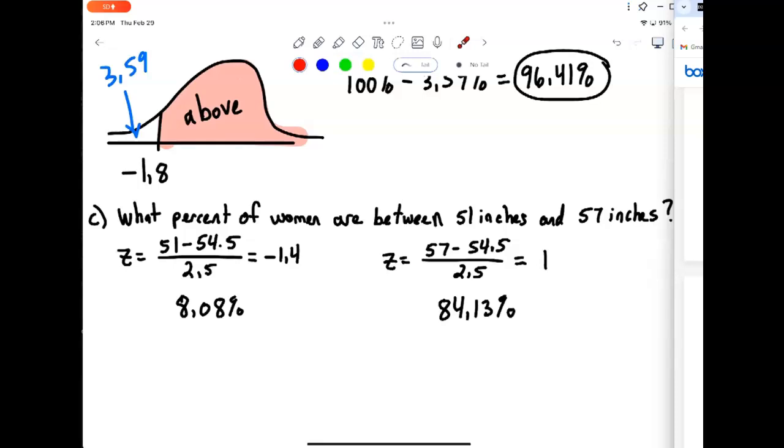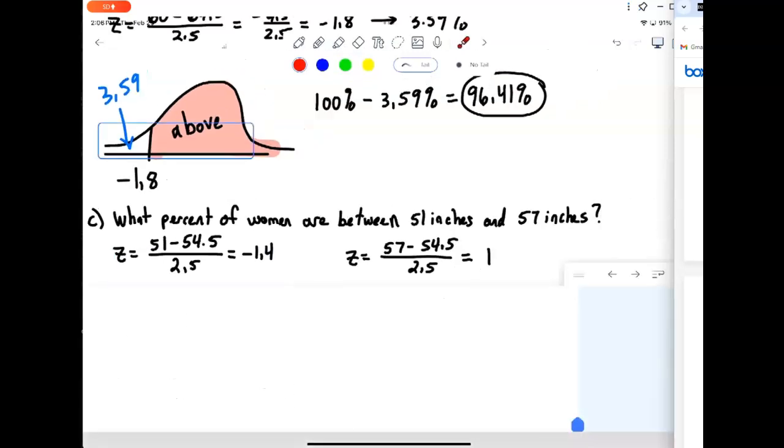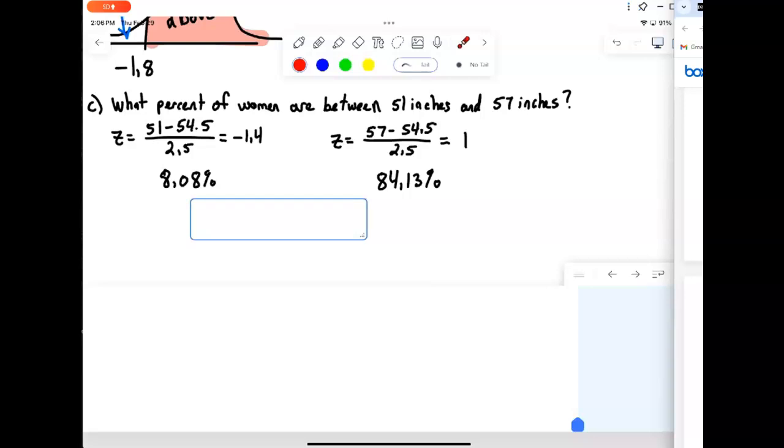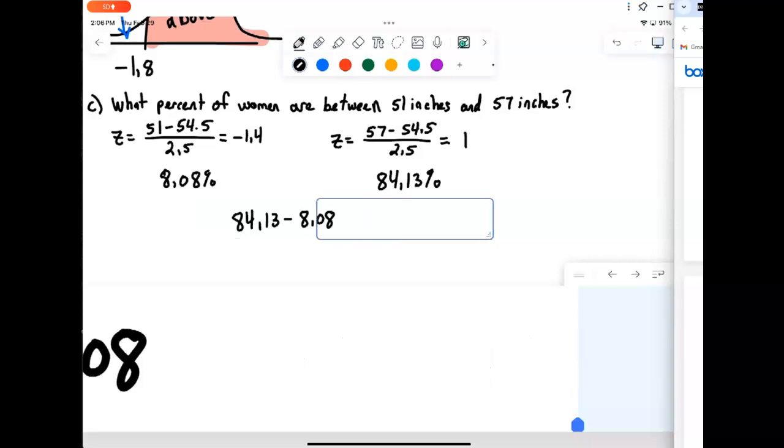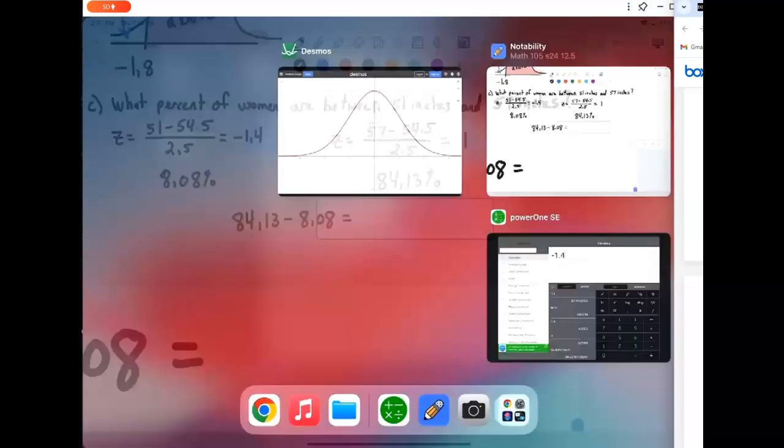So what we actually have to do is take those two answers and subtract them. And that will get us the percent between. Take the high one minus the low one. And that will give us the percent that fall between.